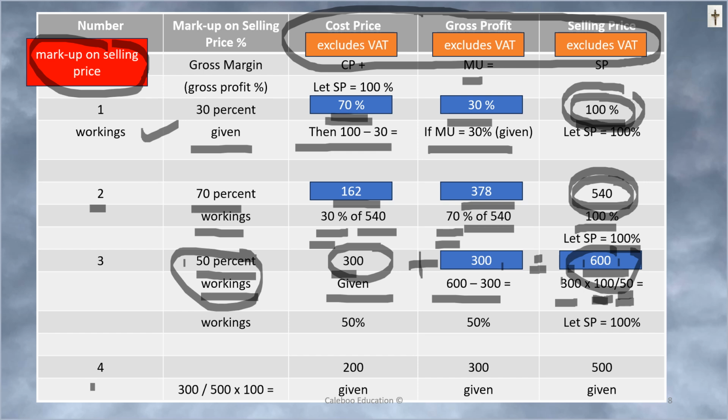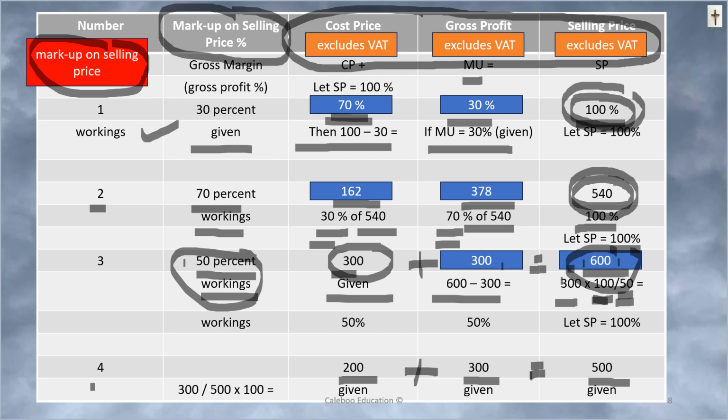Right, number 4. What we're given is the cost price, the gross profit or markup, and the selling price. 200 plus 300 is equal to 500. We need to work out the markup on the selling price percentage.